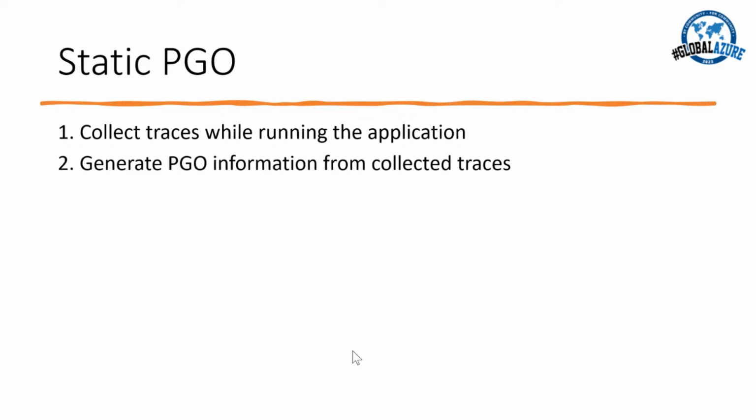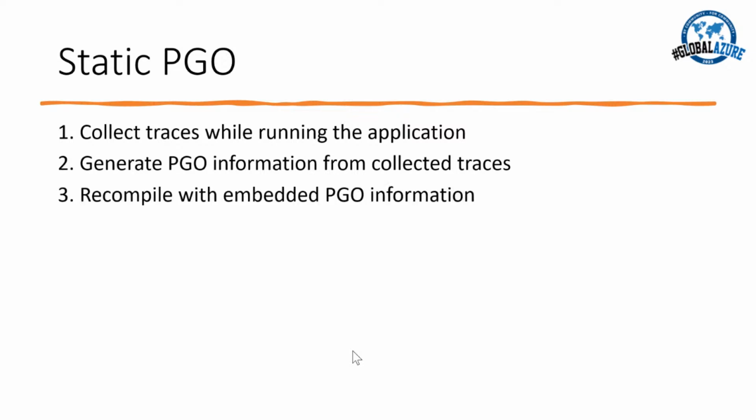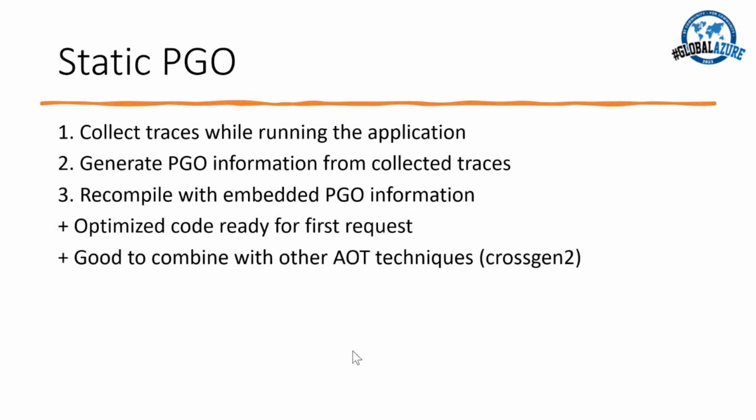You can generate a profile, the PGO information, from those collected trace files, and then recompile your application with the embedded profile information. This makes sure that your code is ready to run as best as it can on the first execution. So you can reduce startup time and first request or first execution latency, and it combines very well with other ahead of time techniques, like I mentioned, crossgen 2 for ready to run.